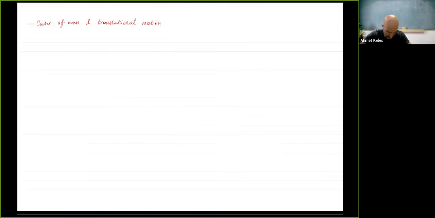So let me start from here. I wrote something like this. Let me remind you, our center of mass was equal to 1 over total mass multiplied by the sum over all i of m_i r_i.